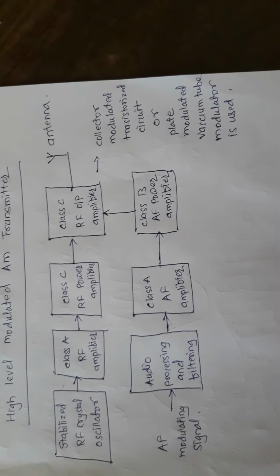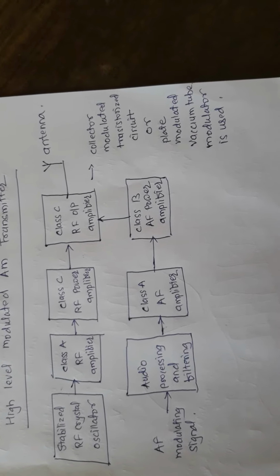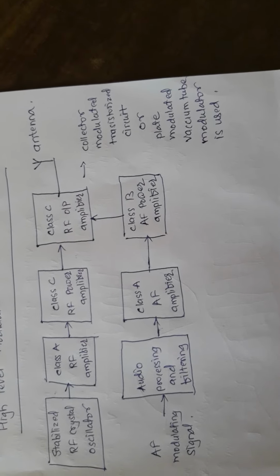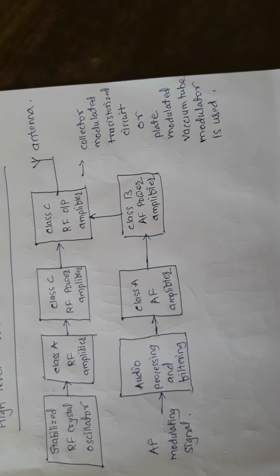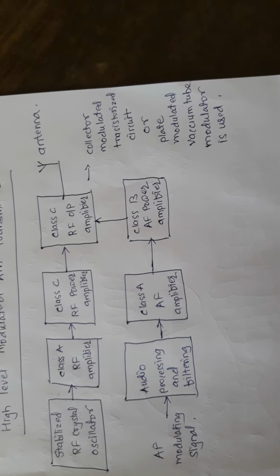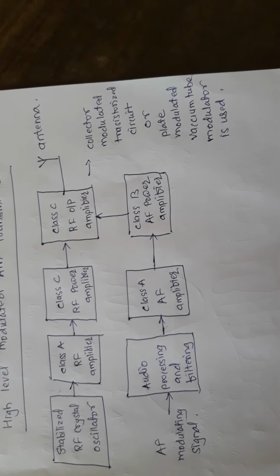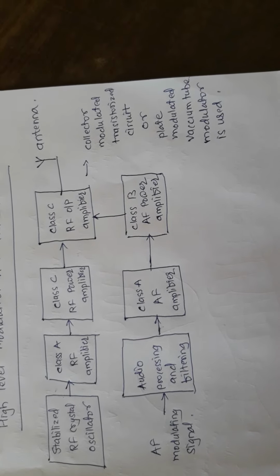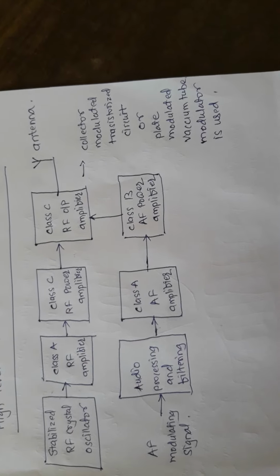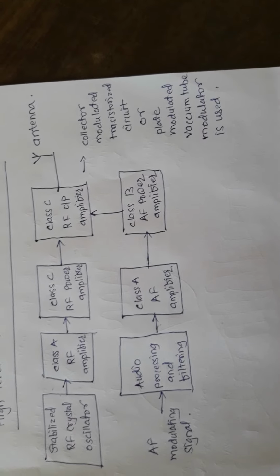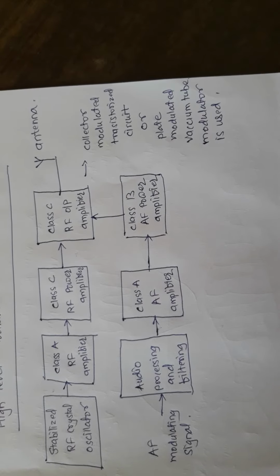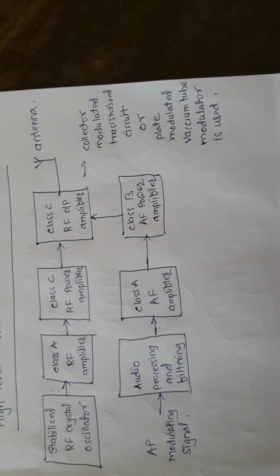Now, the modulating signal is also amplified to a high power level before modulation takes place. If we want 100% modulation, then the power of the modulating signal must be 33% of the total power.